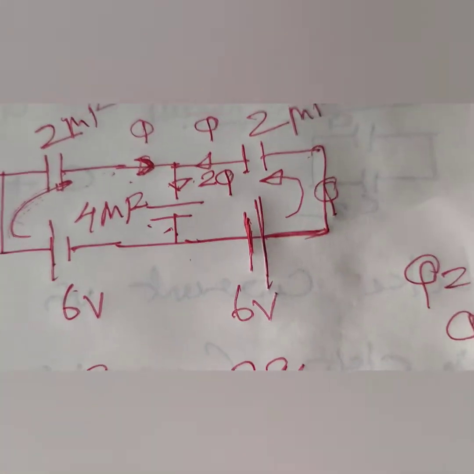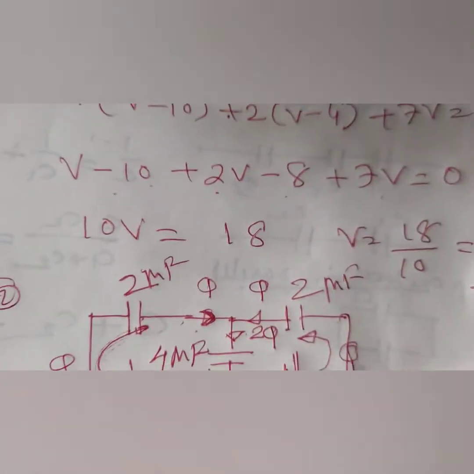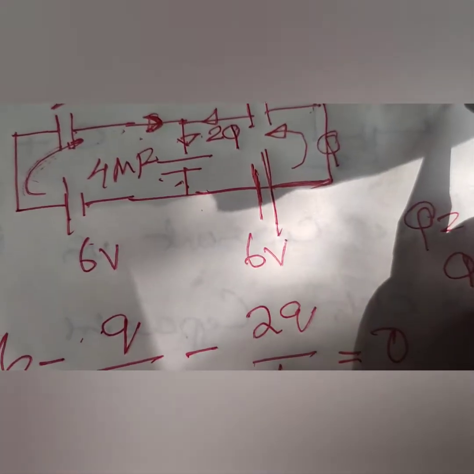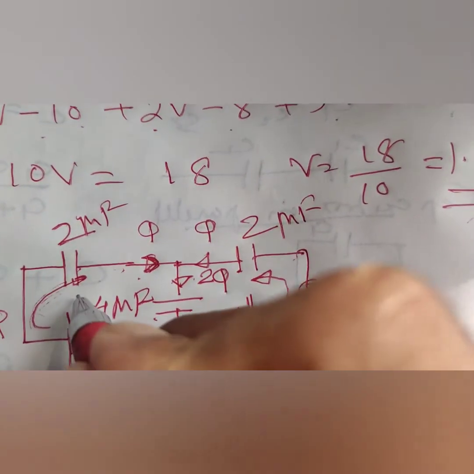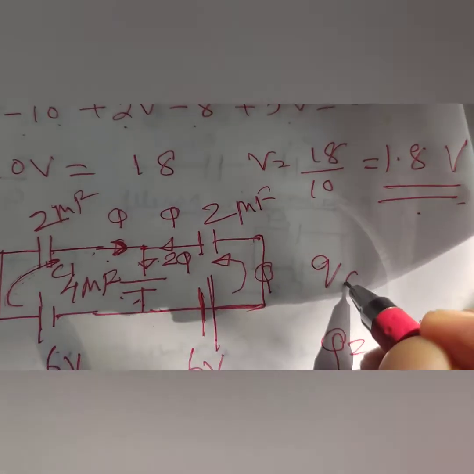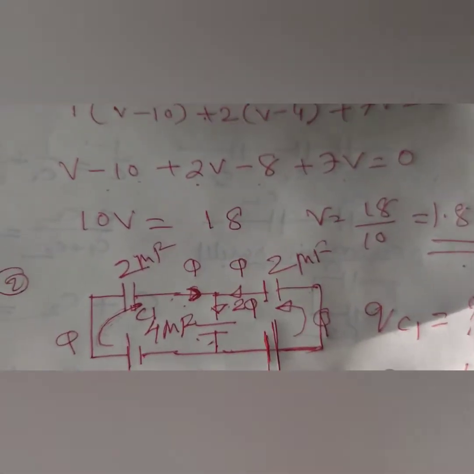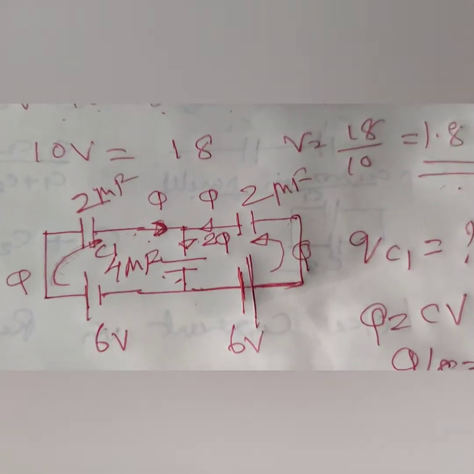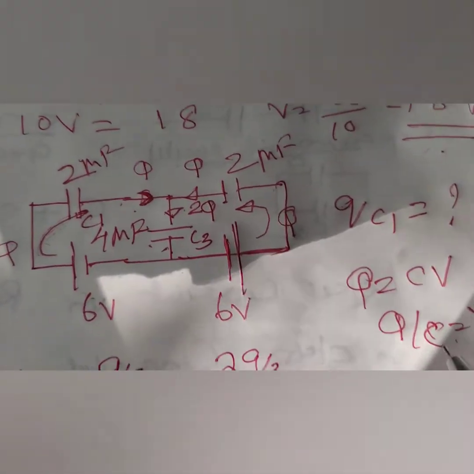What we have to find is the charge on the capacitor C1. Here it is Q C1 by 2, and here it is 2Q C3 by 4.